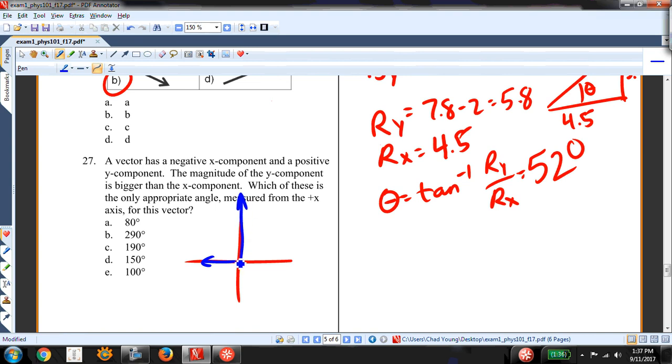So my resultant is going to be here. It'll be closer to the y-axis than the x-axis. It's in the second quadrant. That gets rid of that, that, and that. It has to be 150 or 100. It's going to be closer to 90 than 180, so 100 would be the answer. All right. It can't be more than 135. So 27 is E.